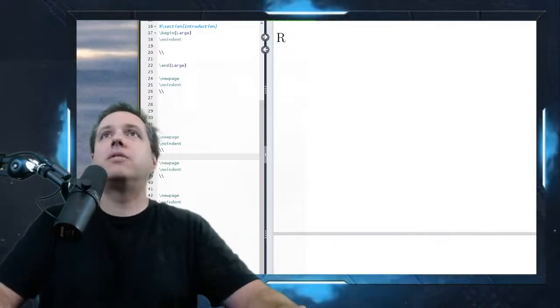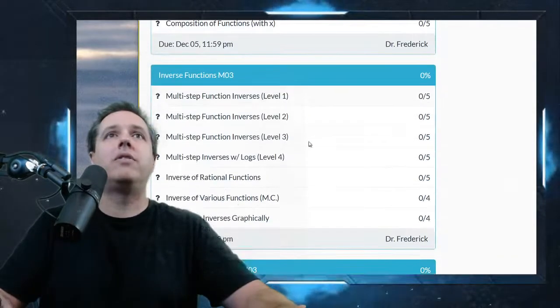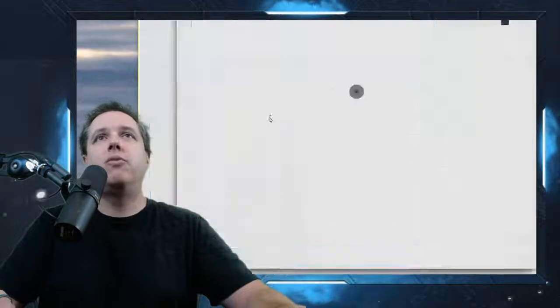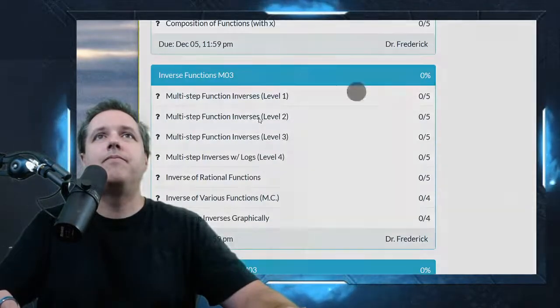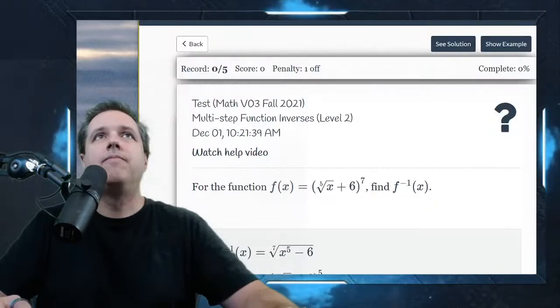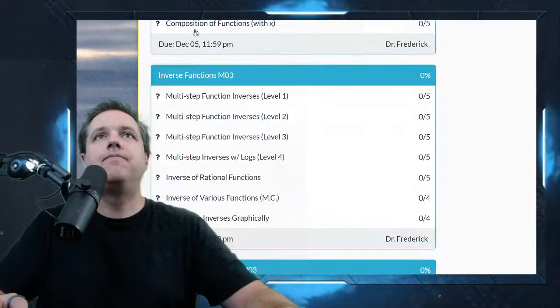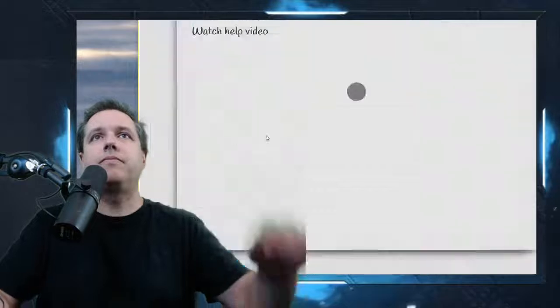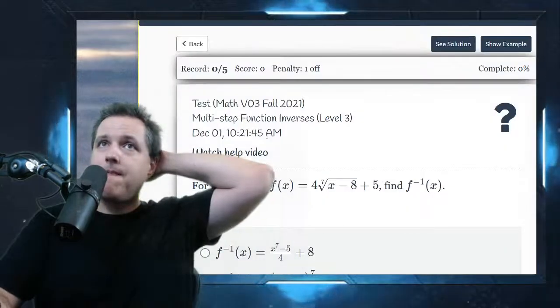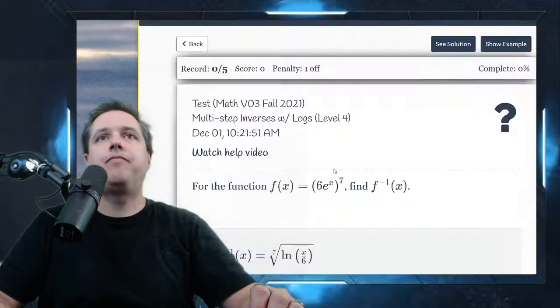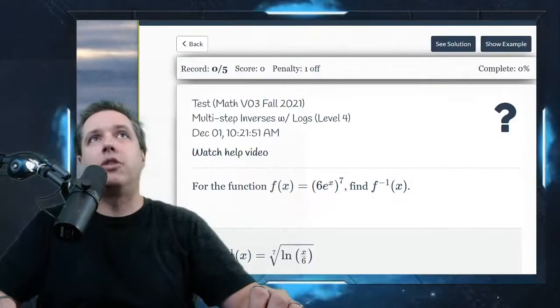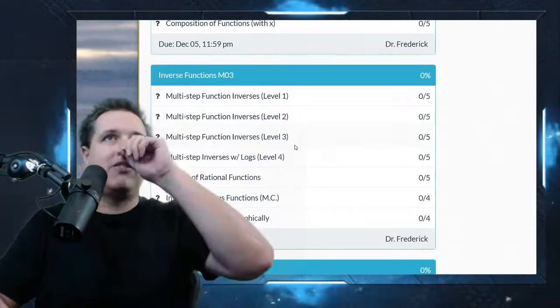Inverses with logs will come a little bit later.